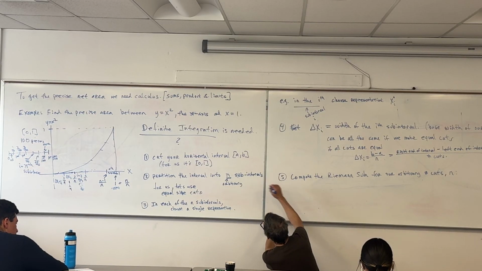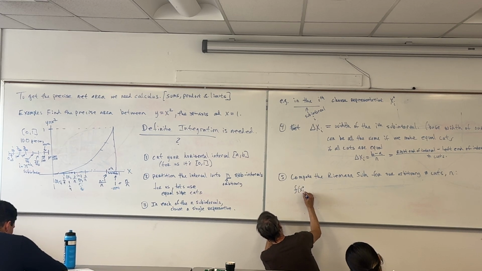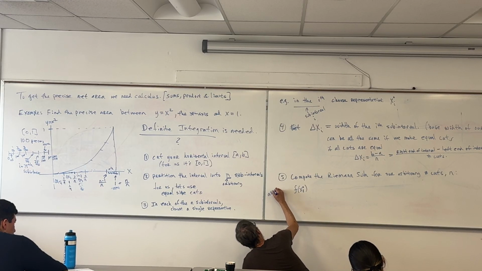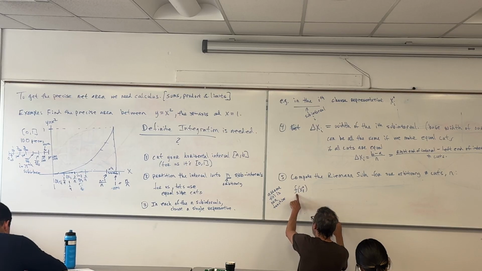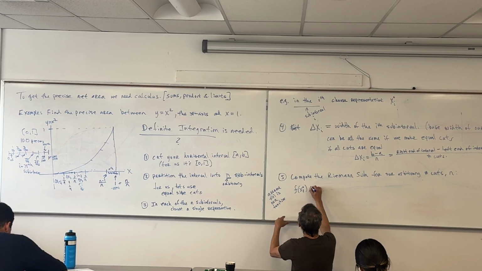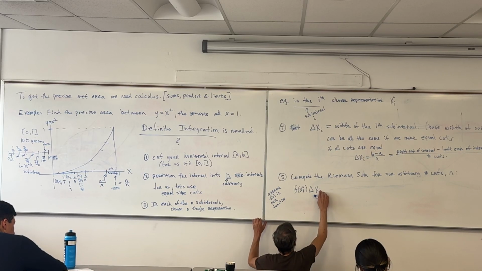It's going to be the height of your function at the first representative. Assume f of x is our function. It's going to be the height of the function at the first representative times the width of that interval. Let's draw a picture underneath, and that should say sub 1.